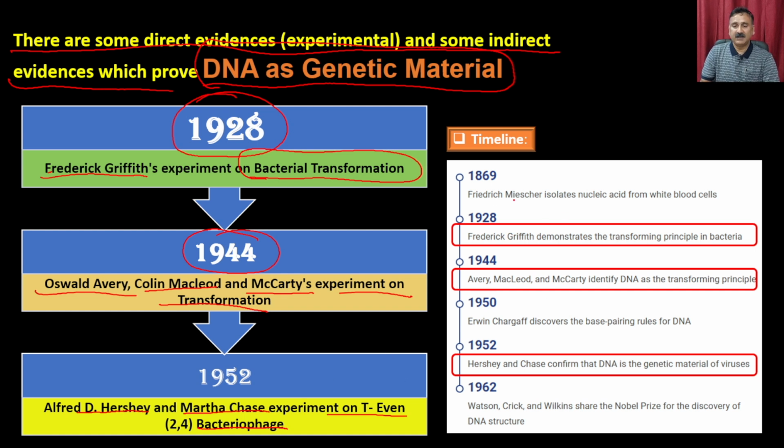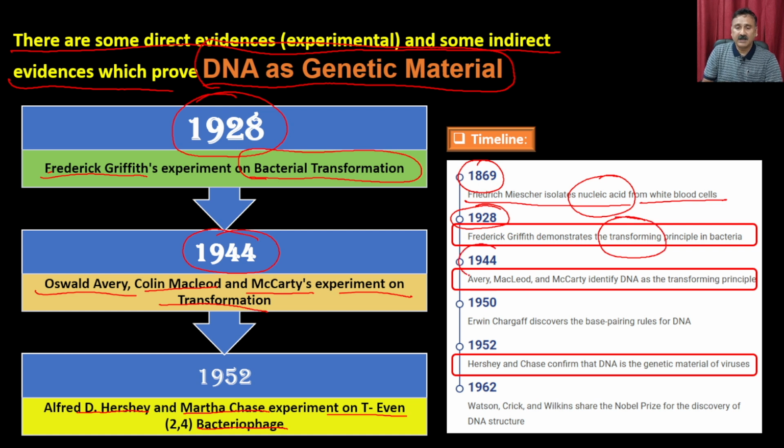If you go by the timeline, in 1869 Friedrich Miescher isolated the nucleic acid, or I will say the genetic material, from white blood cells. Then in 1928, almost 50 or 60 years later, Frederick Griffith demonstrated that genetic information goes from one bacteria into another through a phenomenon called transformation.